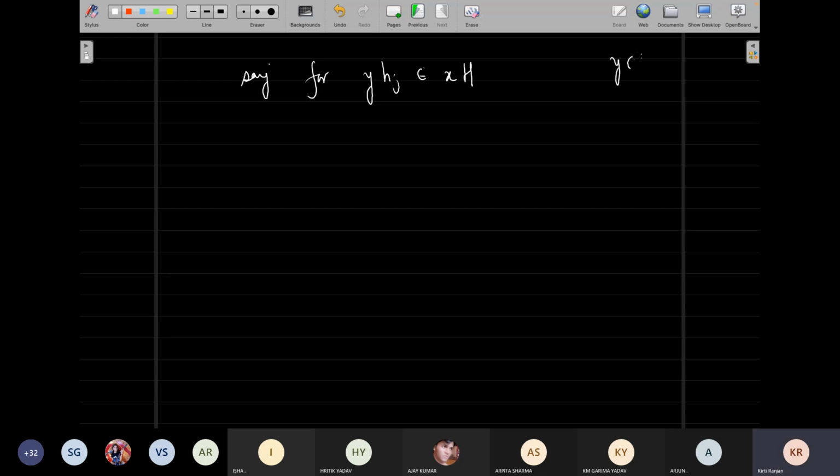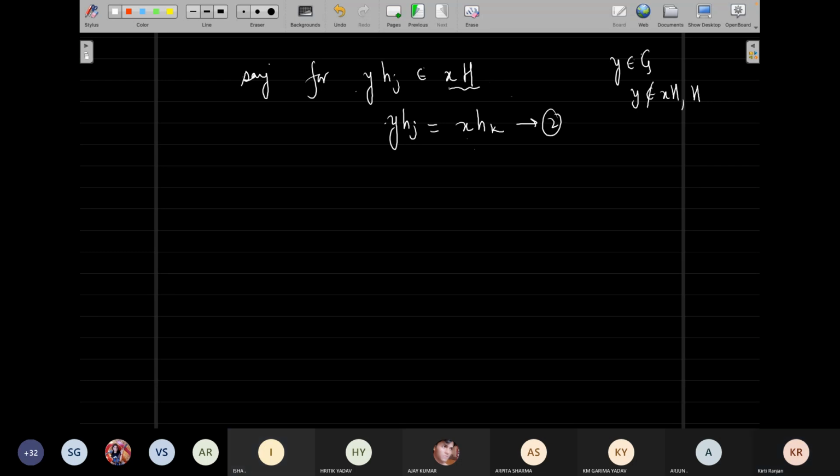We are saying that in general, Y belongs to the group, but Y does not belong to XH and H. However, there exists something like this where YHJ belongs to XH. Then that means YHJ should be one of the elements of our original XH, the one which I have written as the second one. This has to be there.